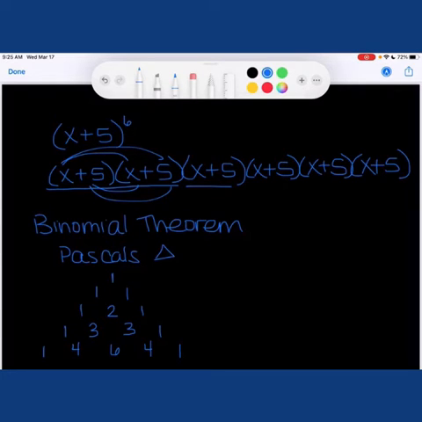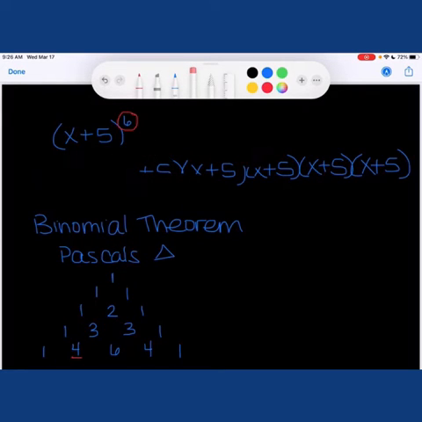But we would use this to expand x plus 5 to the 6th. What you do is you look at the power, and then you go to the row where the second value is a 6. I haven't gone that far yet, so I'm going to erase some of this and redraw Pascal's triangle with a few more rows.